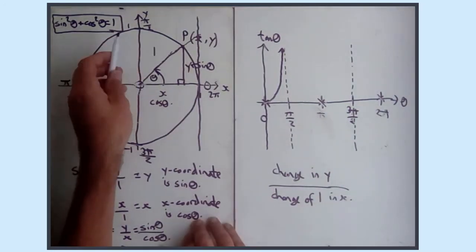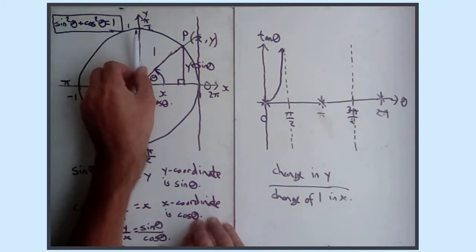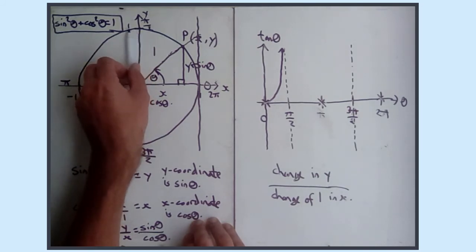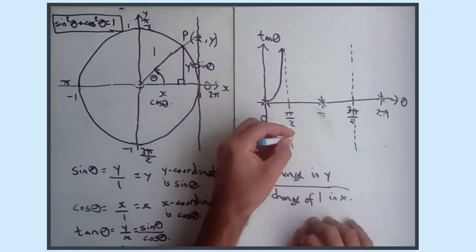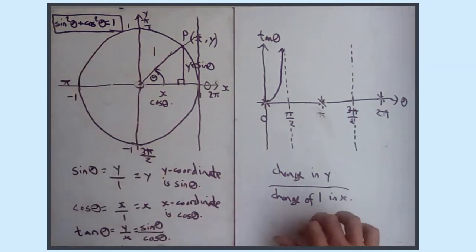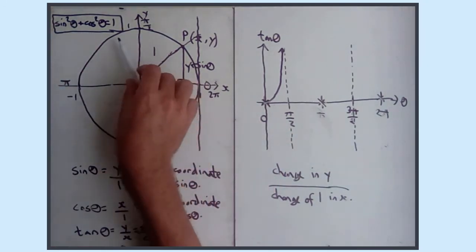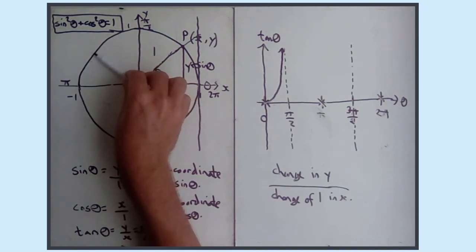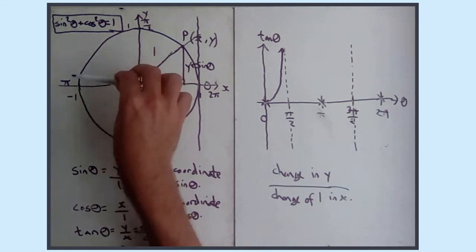Then we need to think about the other side of the asymptote. So the other side of the pi by 2, we start with a really, really high but negative gradient. So it's going to start down here. Imagine if we're approaching pi by 2 from the other way, you can see we're approaching a really, really high but negative gradient. And then we come round and it goes gradually to 0.